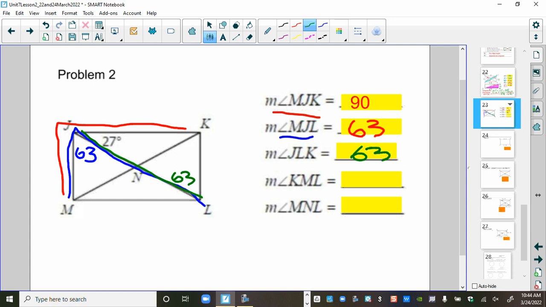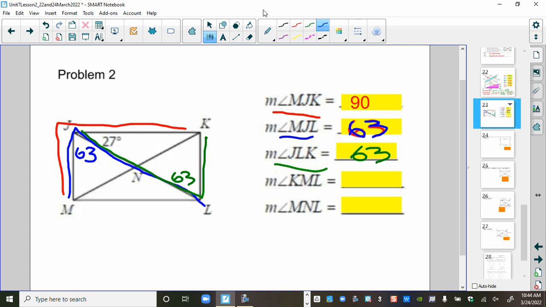Hold on. We're trying to catch up to you, Des. I'm going to rewrite this one in blue. I want to try to color coordinate everything. And then you said KML was what? Okay.